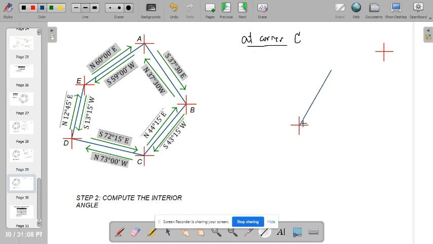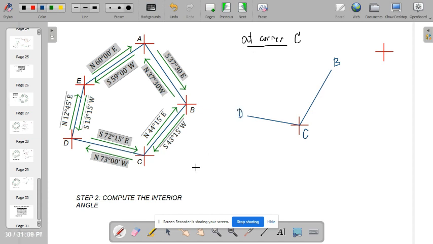And then line CD is going towards northwest. That is CD, northwest 73 degrees. So somewhere here. Then we write down the names of the corners. Since this is C, this is B, and this is letter D.